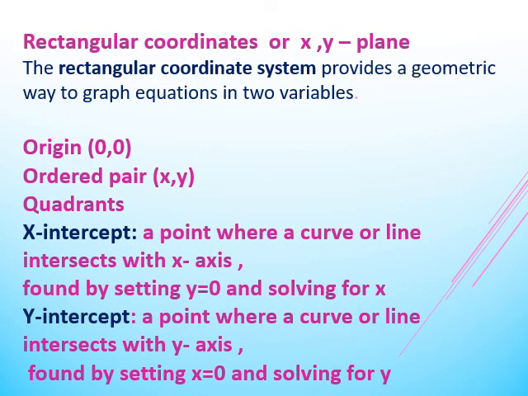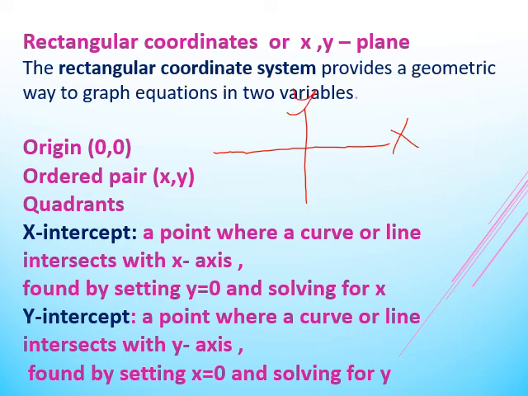Okay, let's move to a hint about graphing, or how to draw a line. In this lecture, we will begin to see how to get a line. We have what is meant by rectangular coordinates, or the XY plane.